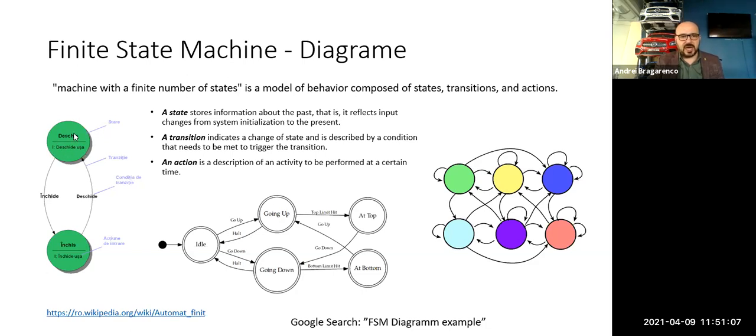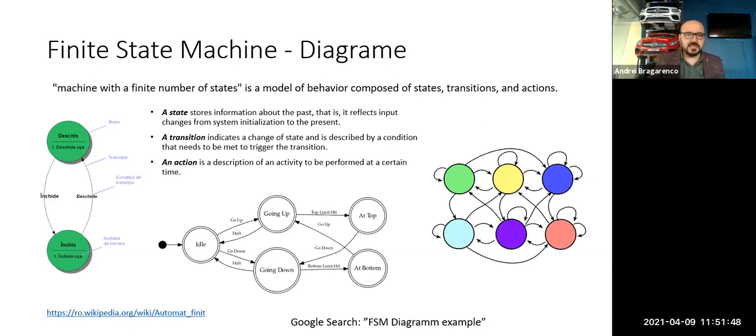Let's say that we have such a diagram defining the behavior of a door. We have the states open, opening, and close, and in the close and open states we will provide two outputs. The door will continuously open, depending of course on the input, until we reach the limit of the door.